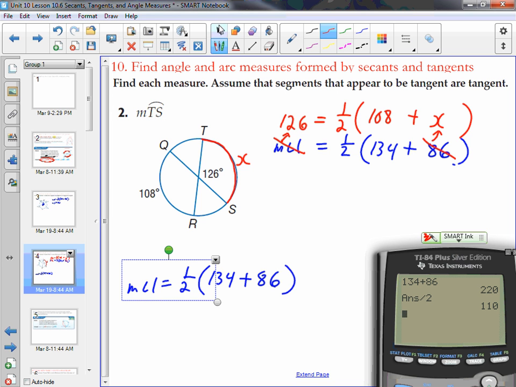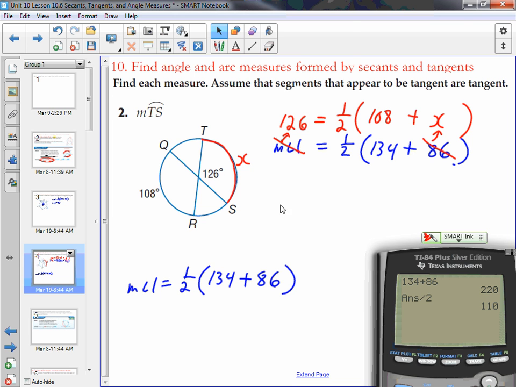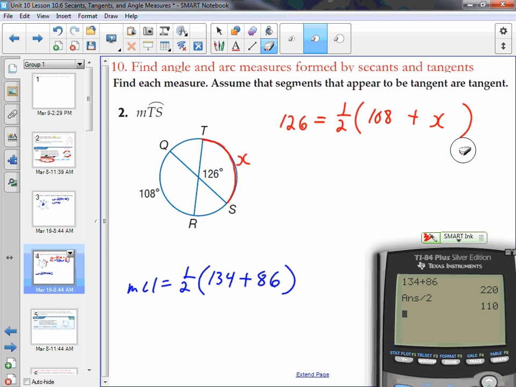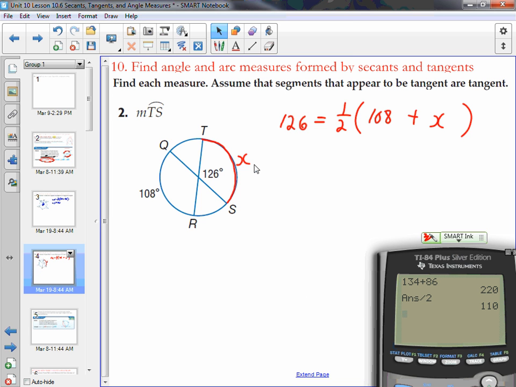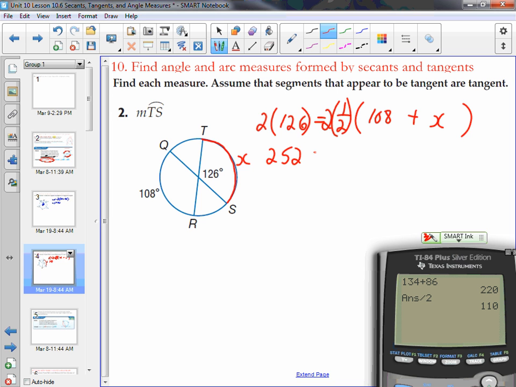Okay. All right, so now to solve this, we can clear fractions. We cannot clear fractions. It shouldn't make a whole lot of difference. I'm going to let you use your algebra skills. If we decide to clear fractions, which is never really a bad idea, I want to multiply both sides by 2. So 2 times the left side, 2 times the right side. What's 2 times 126? So I'd get 252 equals.